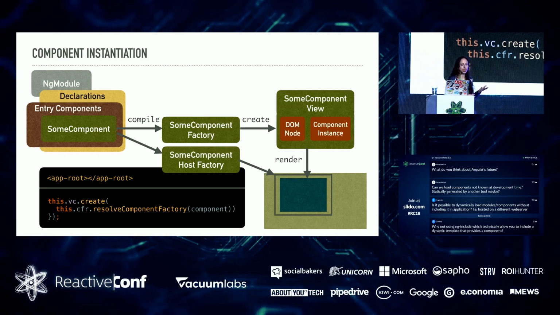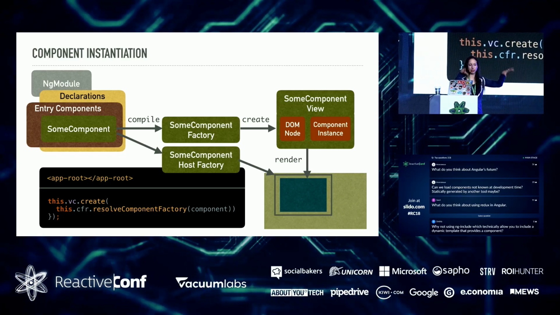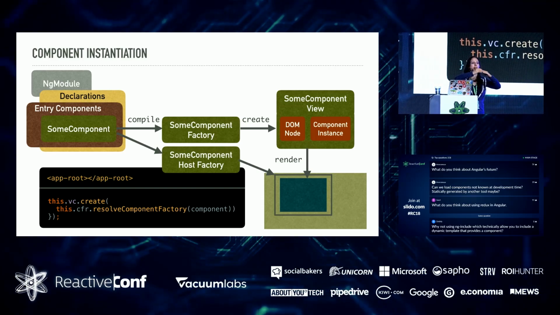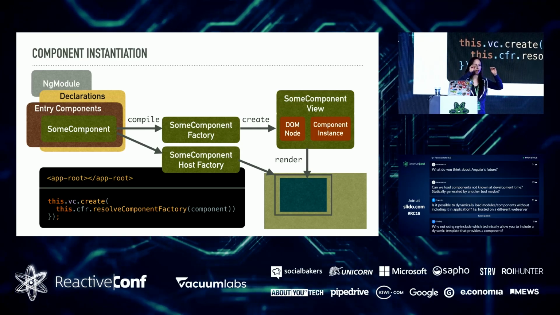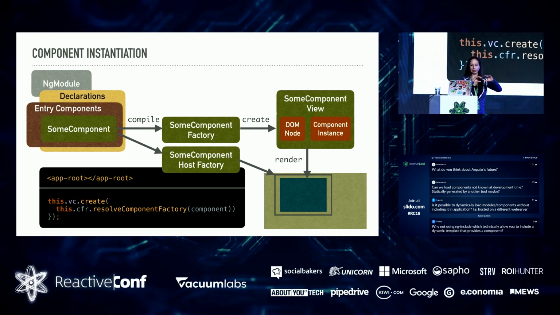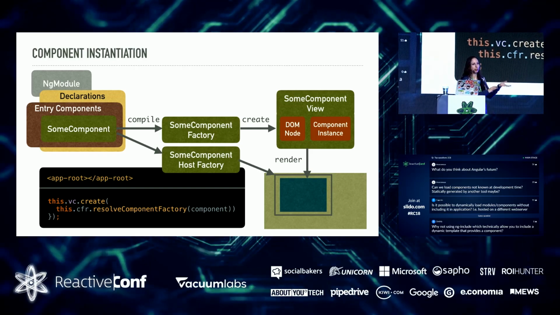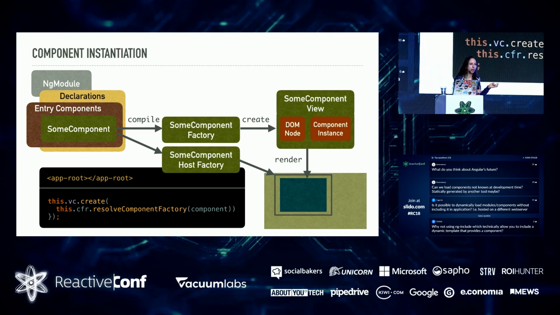It also creates a host factory to create a host component. The host will link the component to the DOM node where it's going to be inserted eventually, dynamically. So that's why we need to specify it in the entryComponents as well in the NgModule.